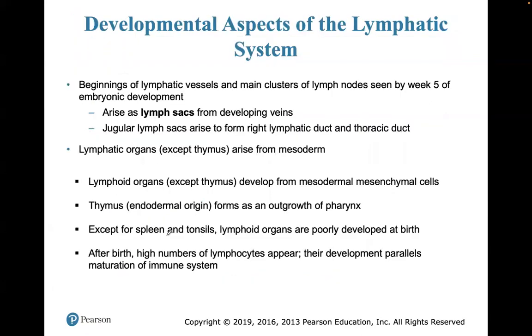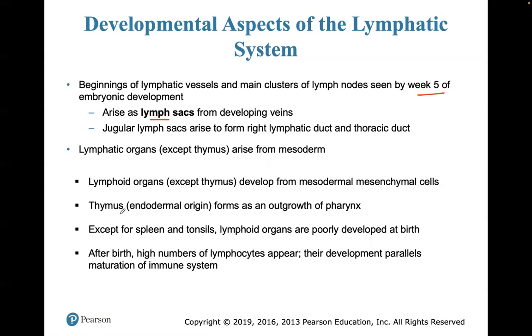Lastly, about the developmental aspect of the lymphatic system: lymph nodes are seen in a fetus around week 5 of embryonic development. Firstly, it develops as a lymph sac. There's a jugular lymph sac that divides to form the right lymphatic duct and the thoracic duct, the two main ducts of lymph. Lymph organs, except the thymus, all arise from mesoderm.